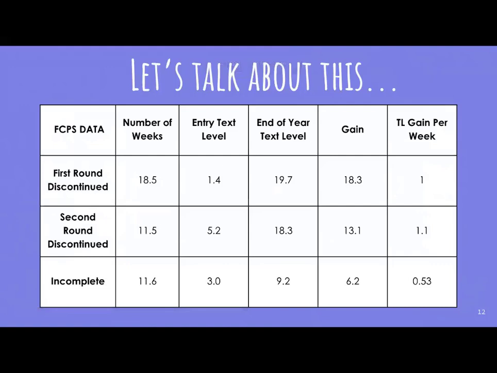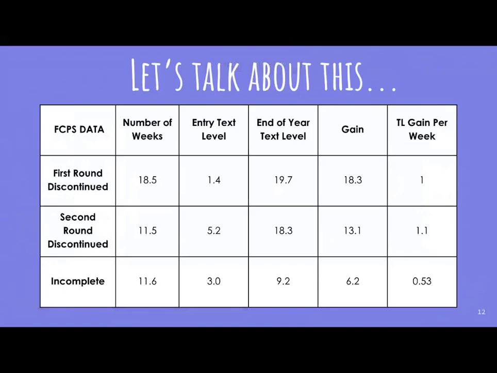I want to interrupt Amy again real quick and explain this chart before we get into the real meat of our discussion about this. This chart compares three groups of students. Along the left-hand side, the very first row is data for first-round discontinued students, then second-round discontinued students, and finally the last row is data for the incomplete students.